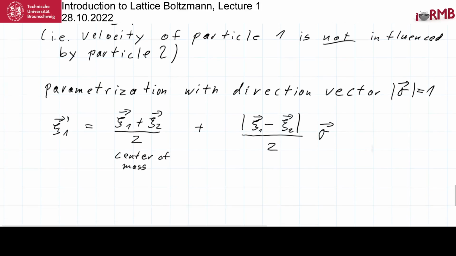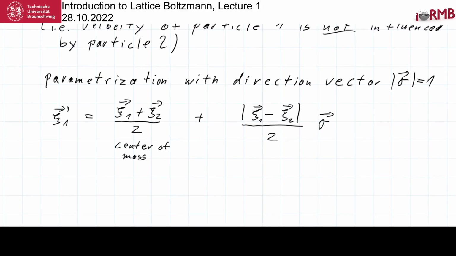It's the outgoing direction vector. So this is particle 1. And in the center of mass system, the other particle has to go exactly the other way. So we already know that xi2 after collision is again the center of mass.